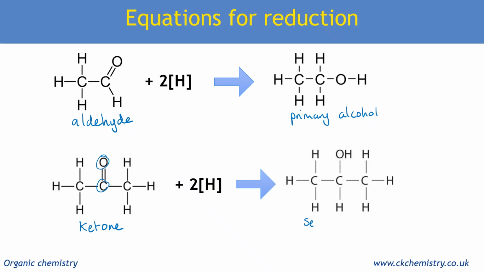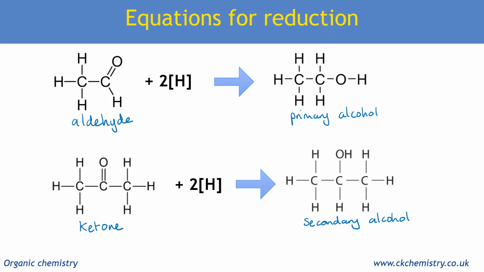So this time I've made a secondary alcohol, and it would be impossible to make a tertiary alcohol by this method because a tertiary alcohol can't be made into something that has a double bond, right? It cannot be oxidized. If you remember with oxidation that we use O in brackets, again, it's very complicated to write the half equations involving, say, NaBH4.